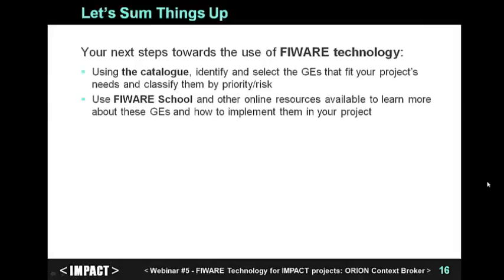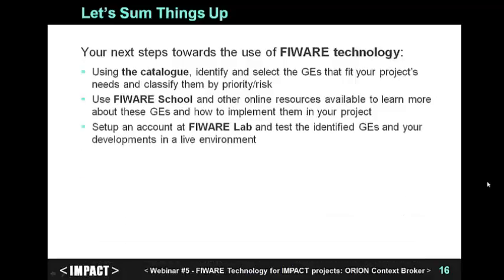Your next steps towards the use of FIWARE technology, and therefore towards participation in Impact, are: First, I would use the catalog to identify and select the general enablers that really fit your project's needs, and I would classify them by priority. Then I would use FIWARE School and other online resources to learn more about these selected GEs and how to implement them in your project.